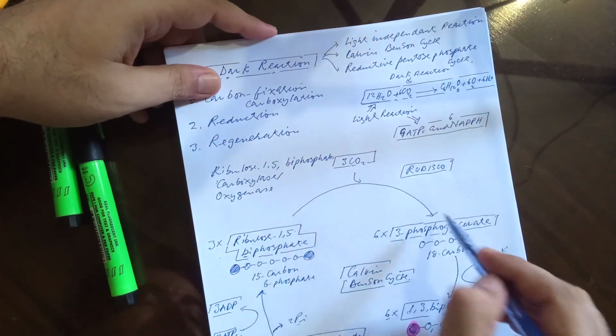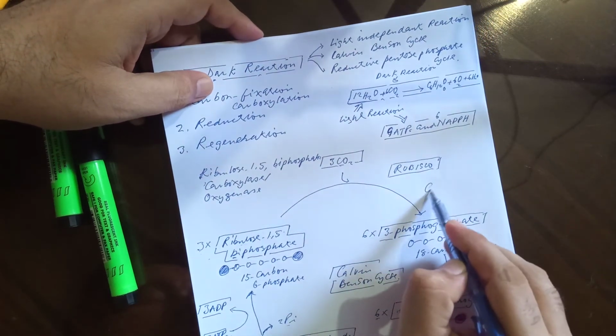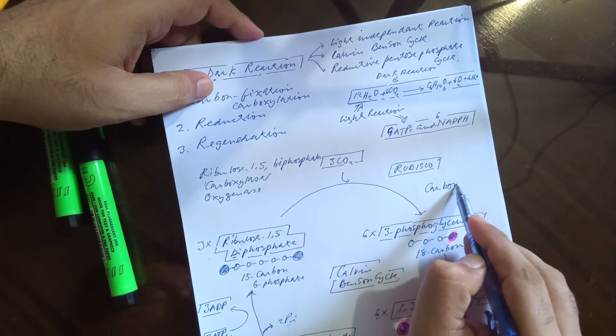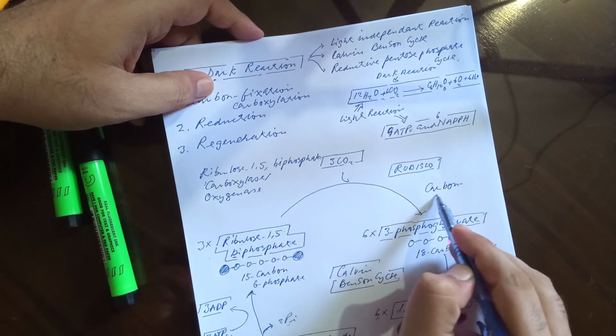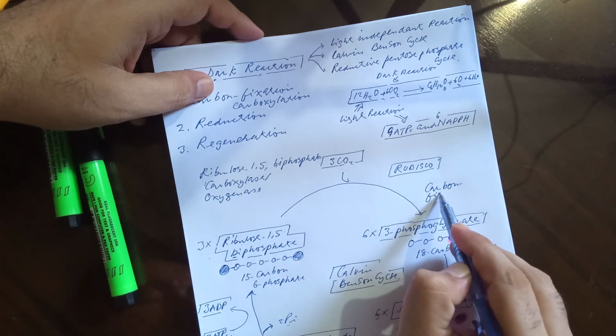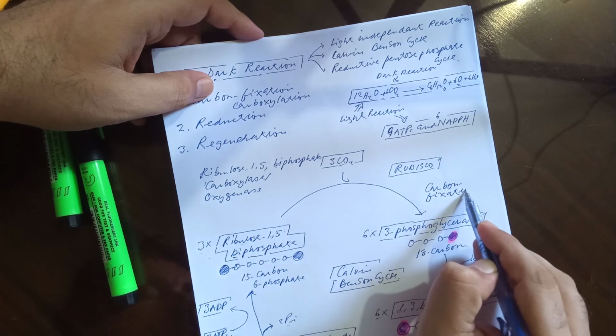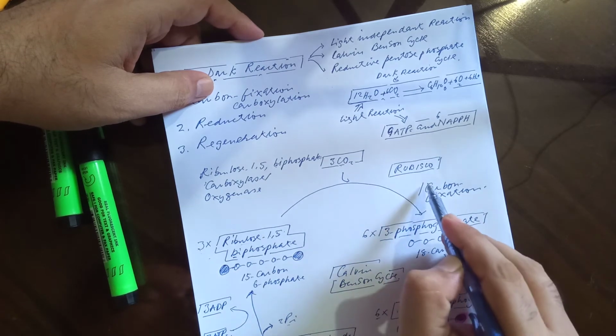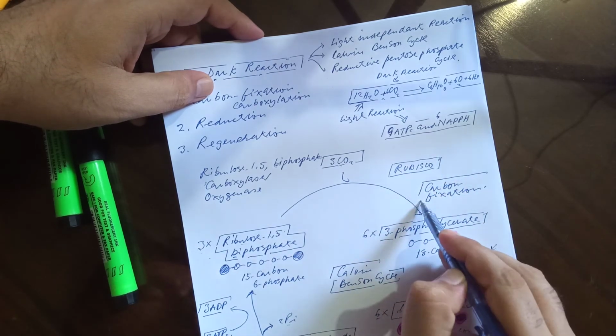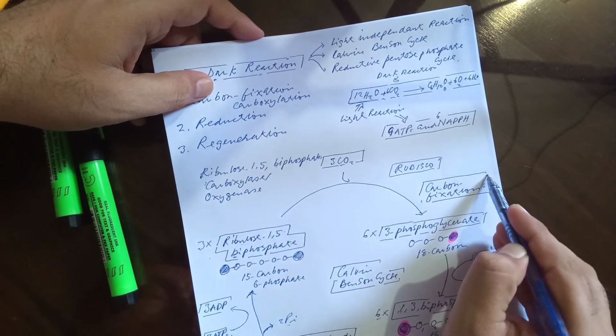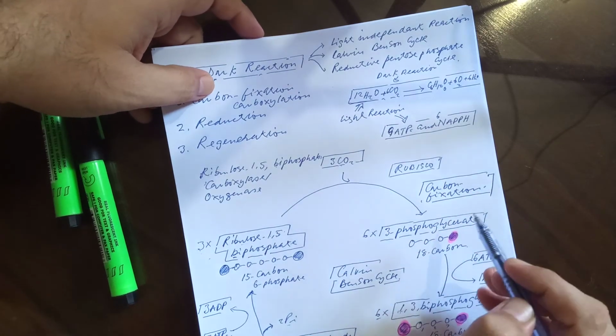So this reaction is called carbon fixation. Let me just write here. Fixation. You can call it carboxylation also. So this reaction is called carbon fixation. Correct? Can you see it? Yes, you can see it.